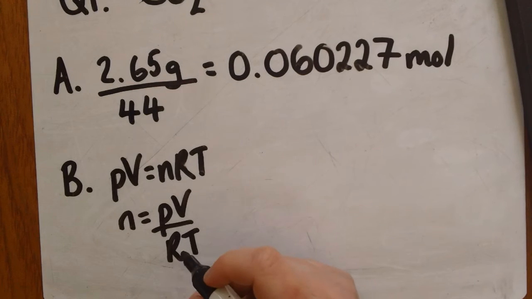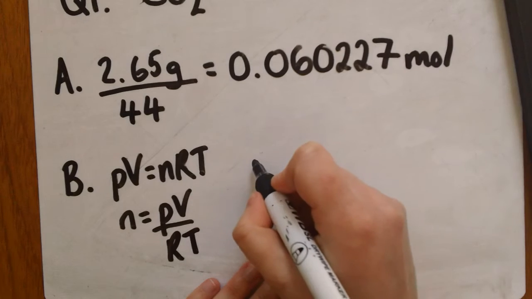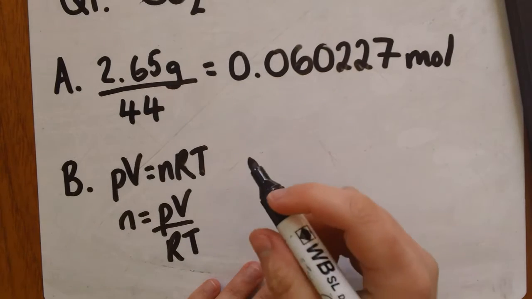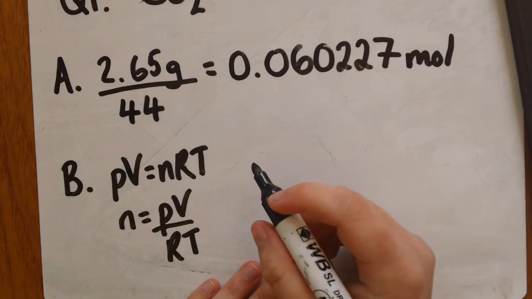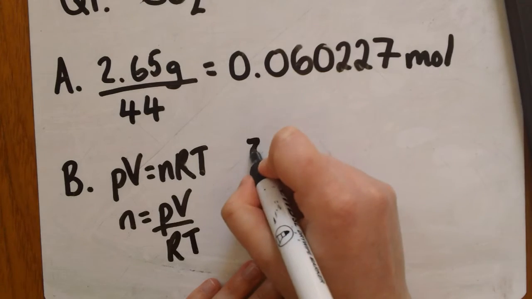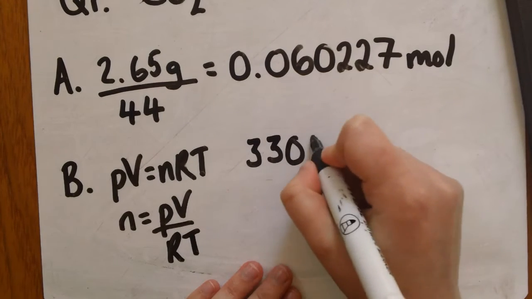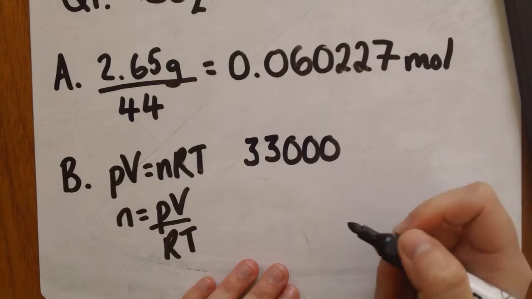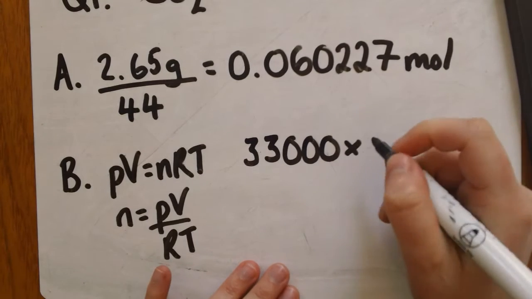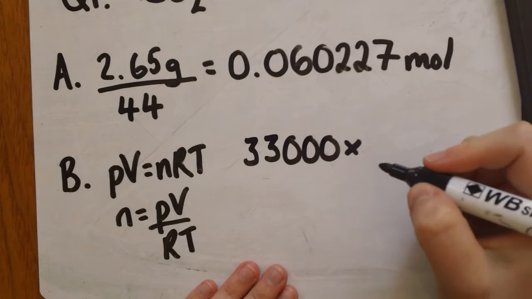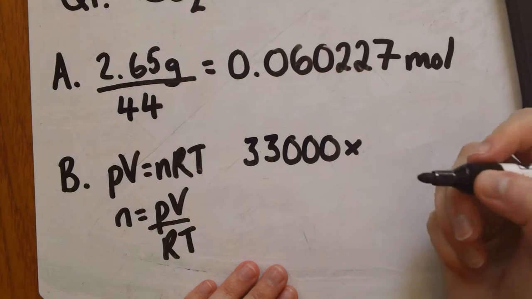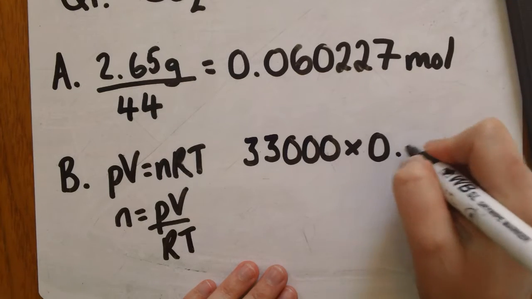So for B, we've got a pressure, and it tells us that we've got 33 kilopascals, which is that in pascals. And we've got our volume, which is already in meters cubed, which is the correct unit for this calculation.